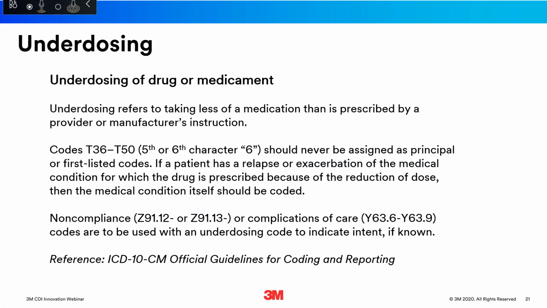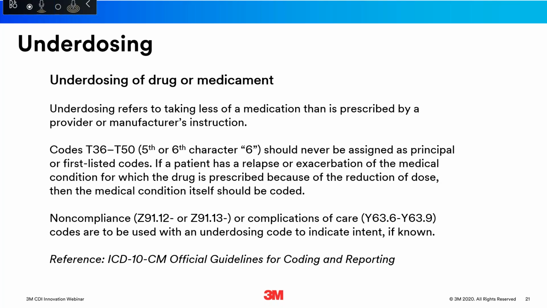And then underdosing. Underdosing is still being underreported. It seems that the coders want to see underdosing documented, and the physician's not going to say the patient's underdosing. What they're going to say is the patient hasn't taken their meds for 5 days, or they never got their prescription refilled.